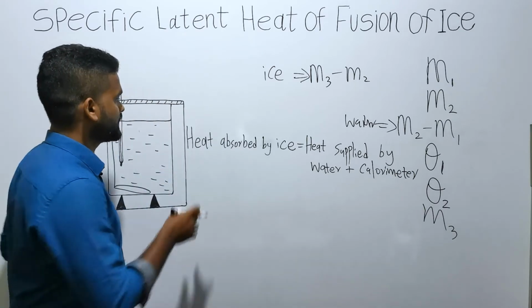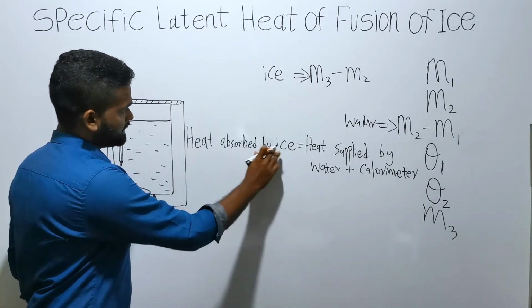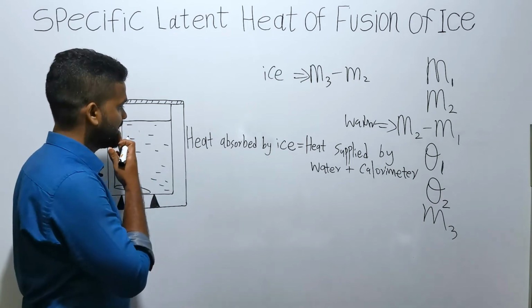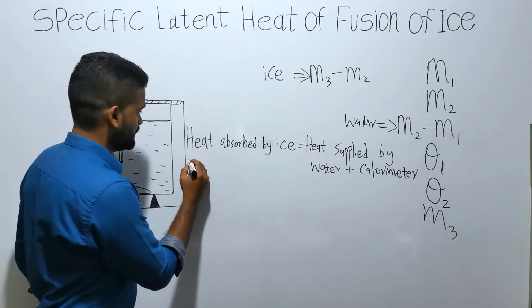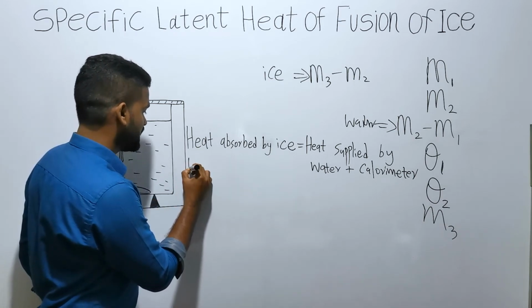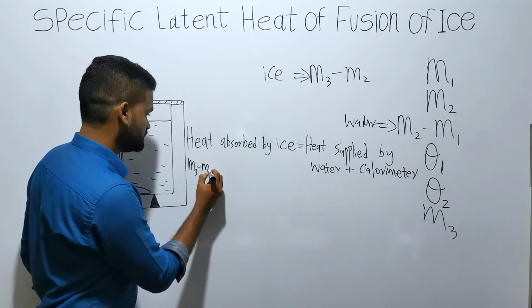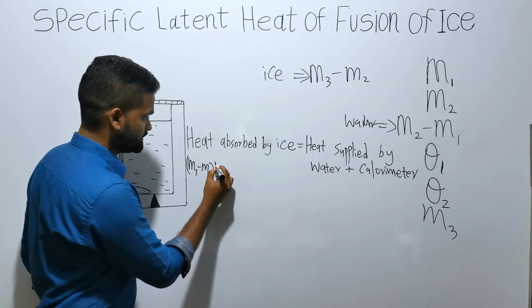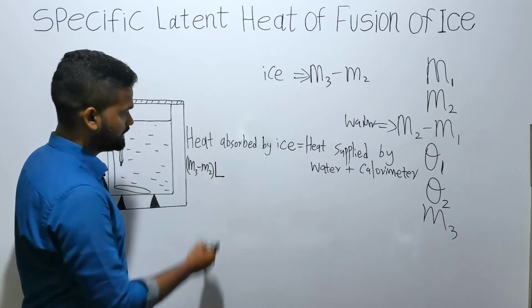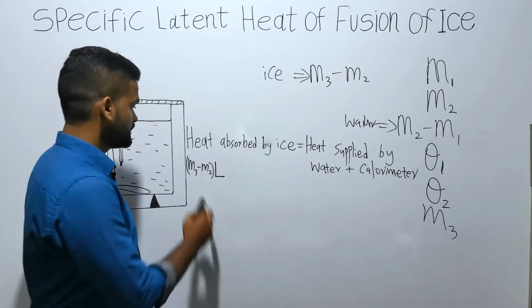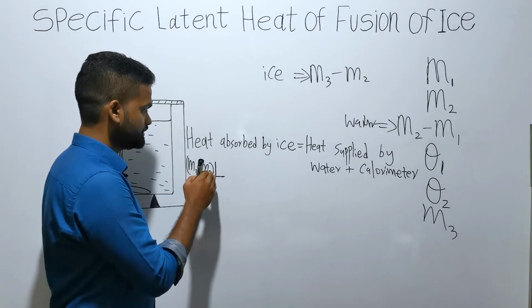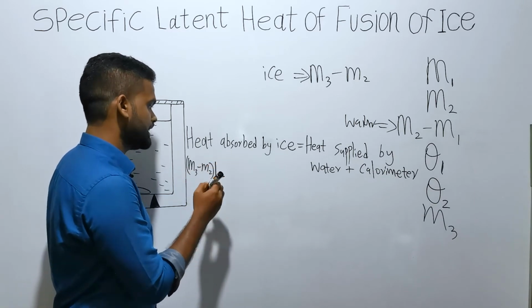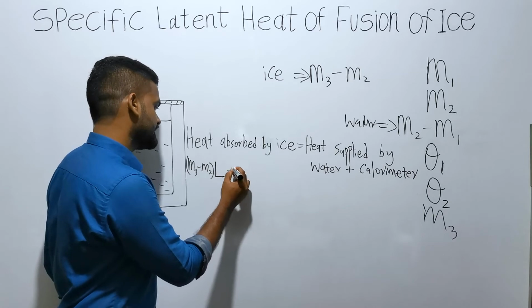So first, when we write heat absorbed by ice, we write the mass of ice, that is M3 minus M2, times capital L. Capital L is the latent heat of ice. So this is the heat required just to liquefy ice into 0 centigrade water.